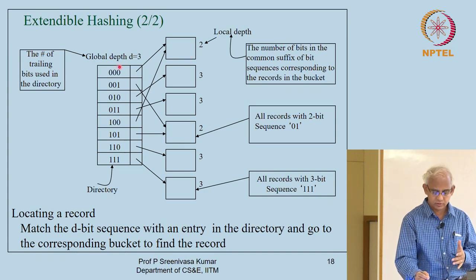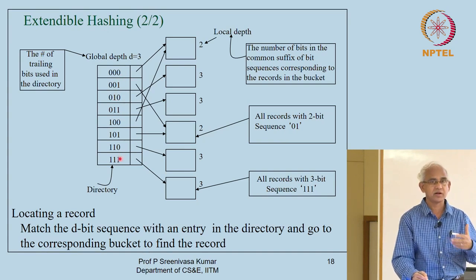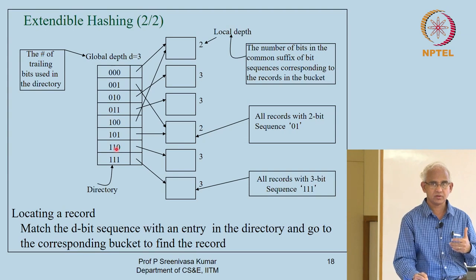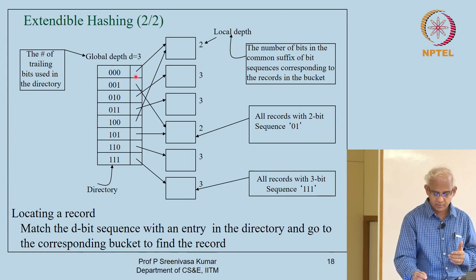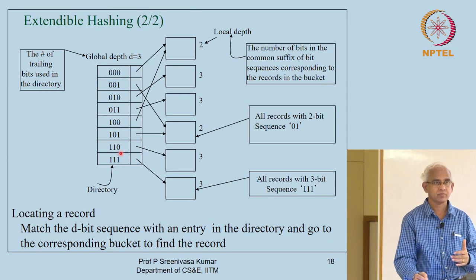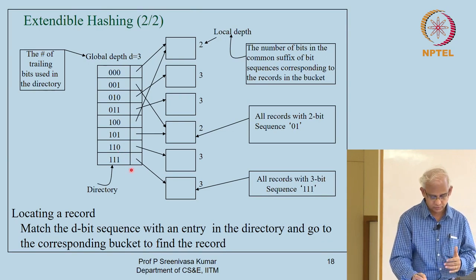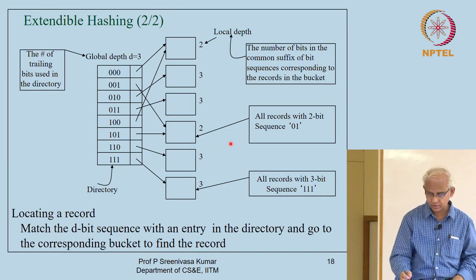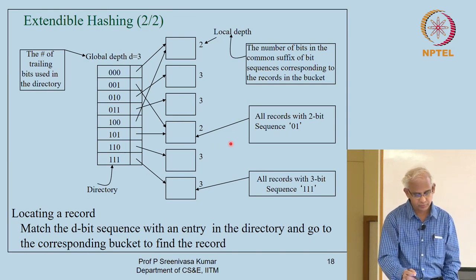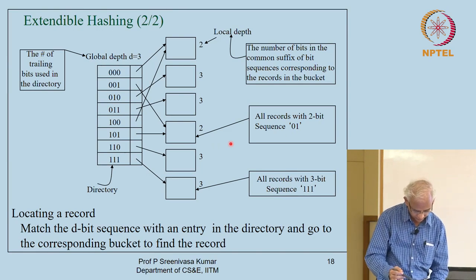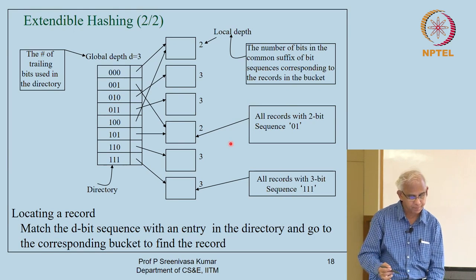In order to create that additional bit, we double the directory structure, and remap all these pointers to the first part of the directory. Okay. So we will see exactly how we do that in an example now. I will illustrate insertions.